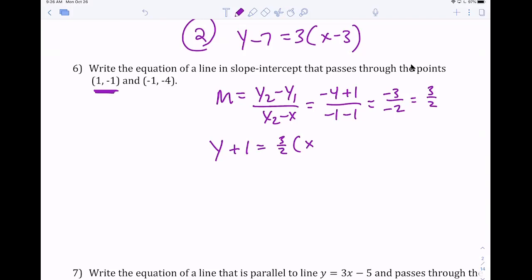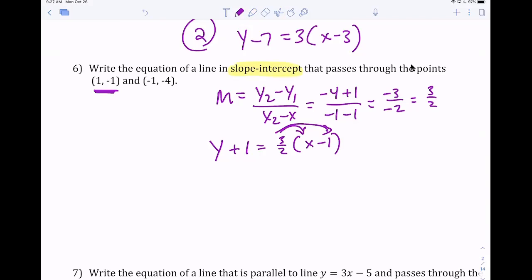Are we using the first point? Oh, the second, sorry. So it'd be x minus 1. And is that the answer? No, it's not the answer because we want it in slope intercept form. So now you have to distribute the 3 halves. Shh, I'll let you ask in a minute.